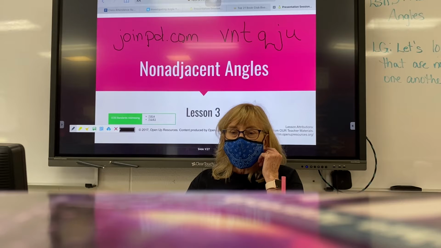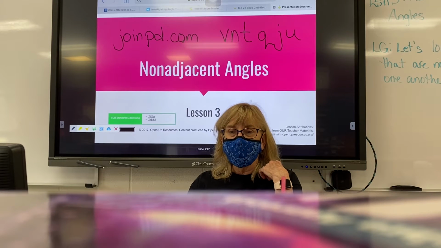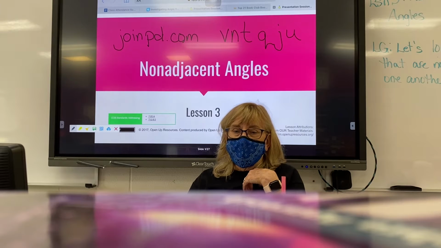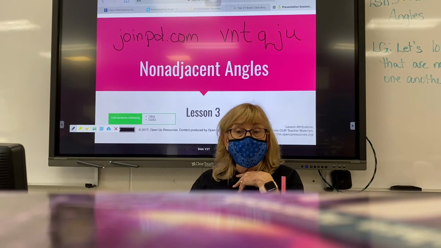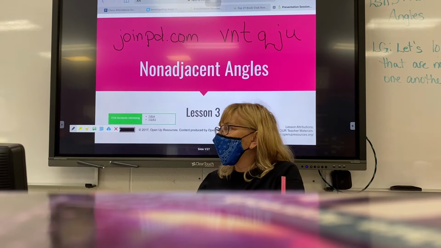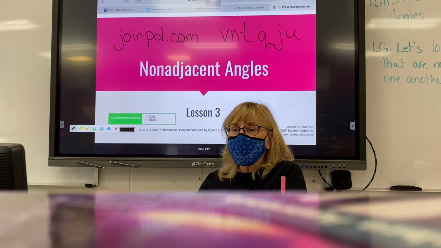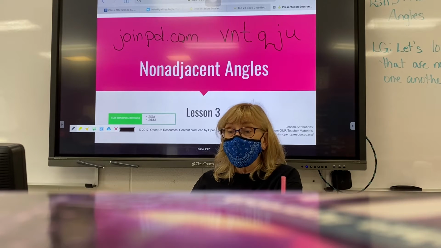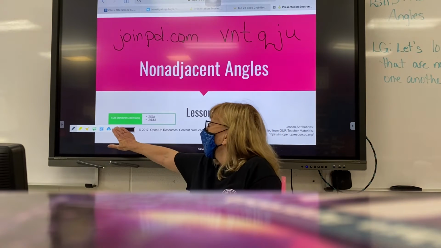All right. So since we know what non-adjacent is, we can go on. Our learning goal is: let's look at angles that are not right next to one another. By the end of today's lesson, I would just love it if you could determine if angles that are not adjacent are complementary. What does complementary mean?